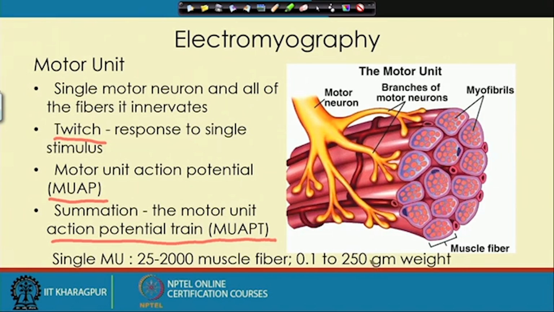So, depending on the span of that connection, a varied number of muscle fibers can be excited by one motor neuron, and the signal generated by that contraction, the depolarization and repolarization of the muscles, we can get the signal called EMG.